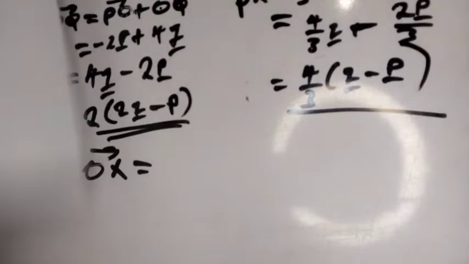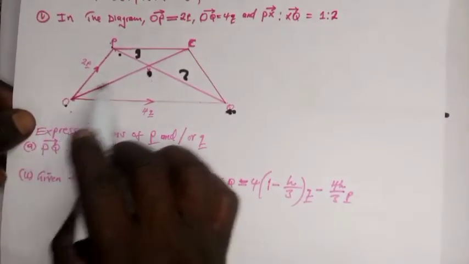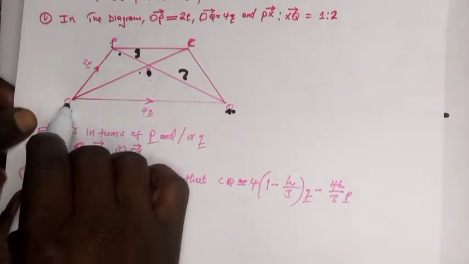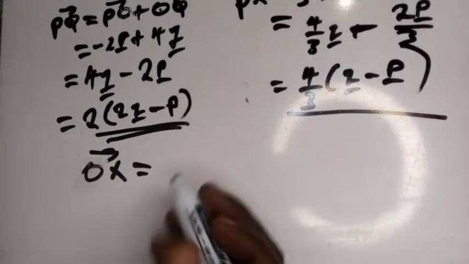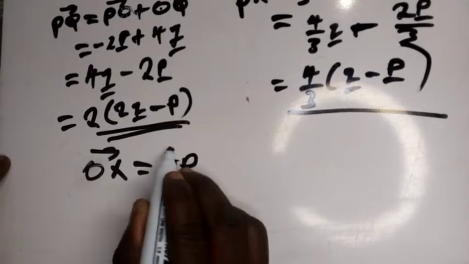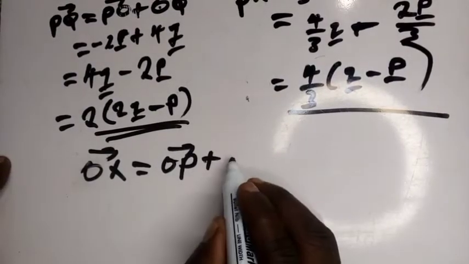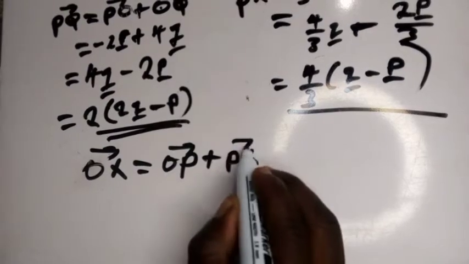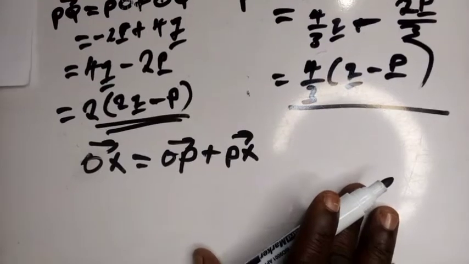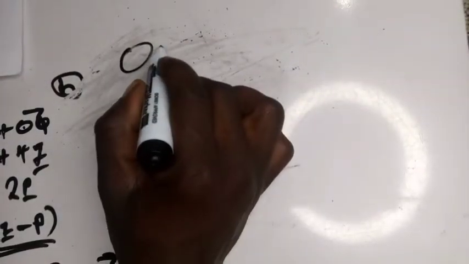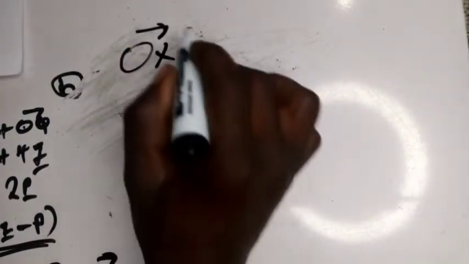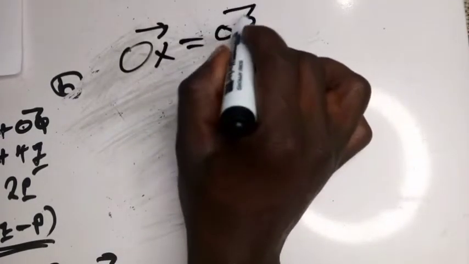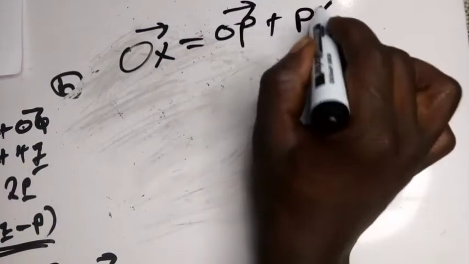We are asked to find the value of the vector OX. So we have to go OP plus PX, vector OP plus vector PX. OX is OP plus PX.